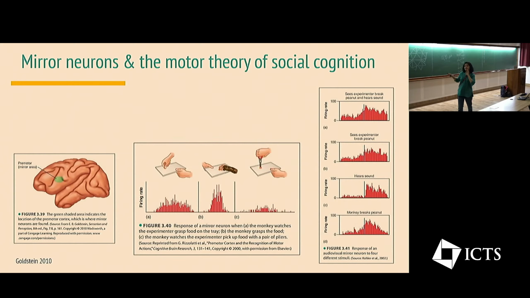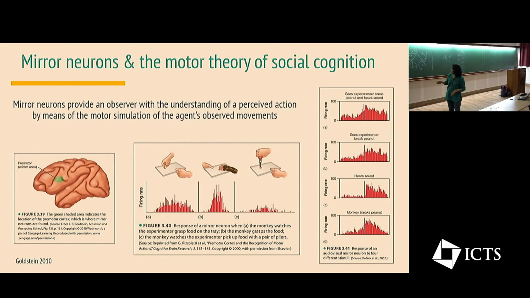When they just hear the sound of the peanut being broken, these neurons would fire. And when the monkey sees the experimenter break the peanut and hears the sound, or breaks the peanut himself, that is when the same neuron would fire strongly, right?